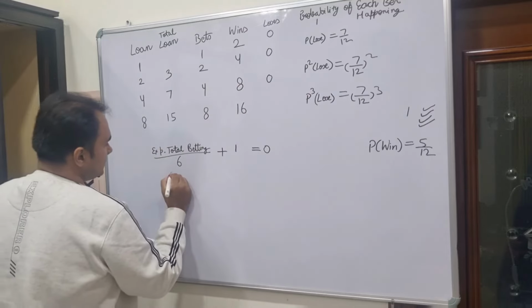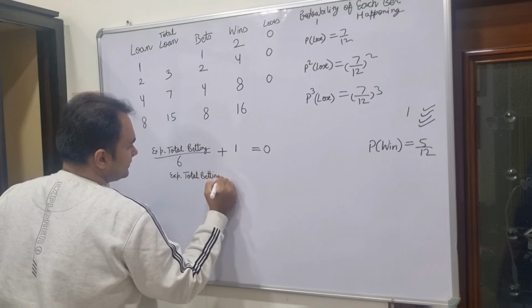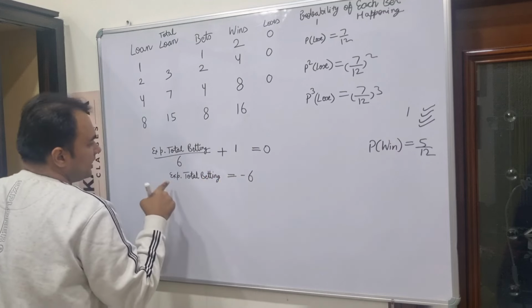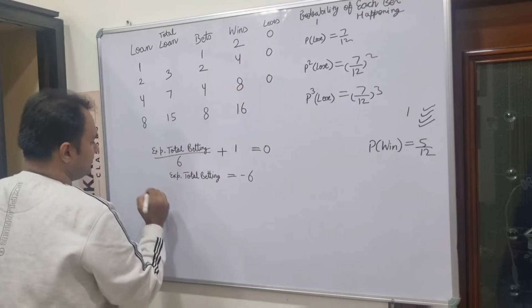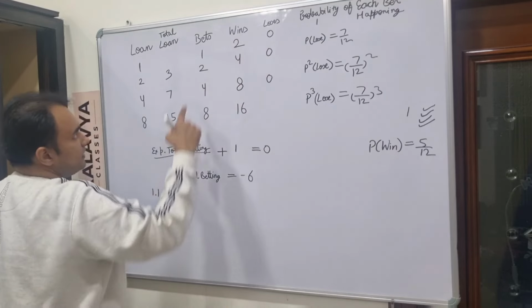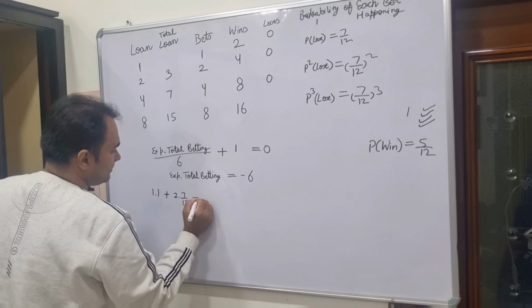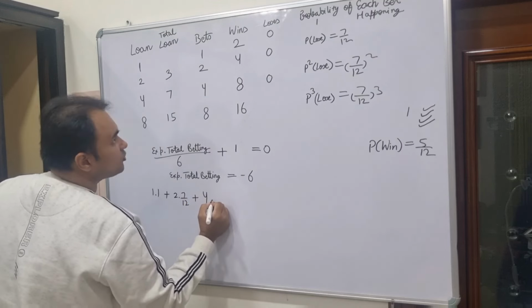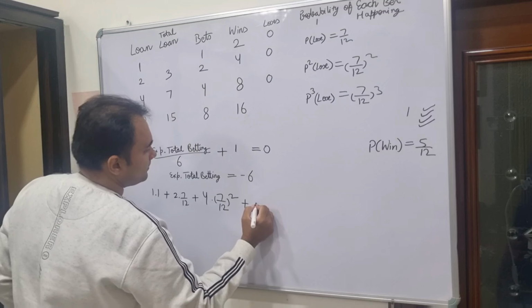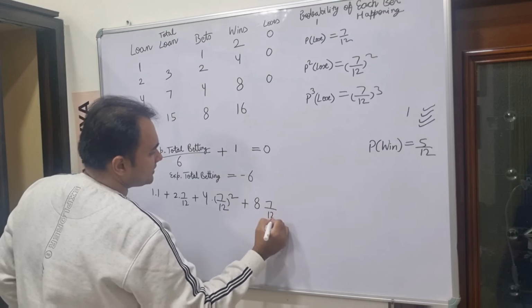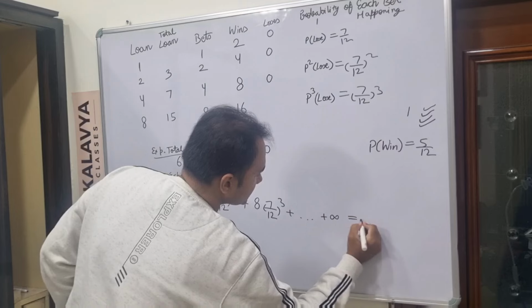Now rearranging the terms here, expected total betting is equal to minus 6, and expected total betting is bet 1, which is 1 unit of money into probability 1, plus bet 2 into the probability of this bet happening, 7 by 12, plus bet 3 into the probability of this bet happening, 7 by 12 whole squared, plus bet 4 into the probability of this bet happening, 7 by 12 whole cubed, and so on, is equal to minus 6.